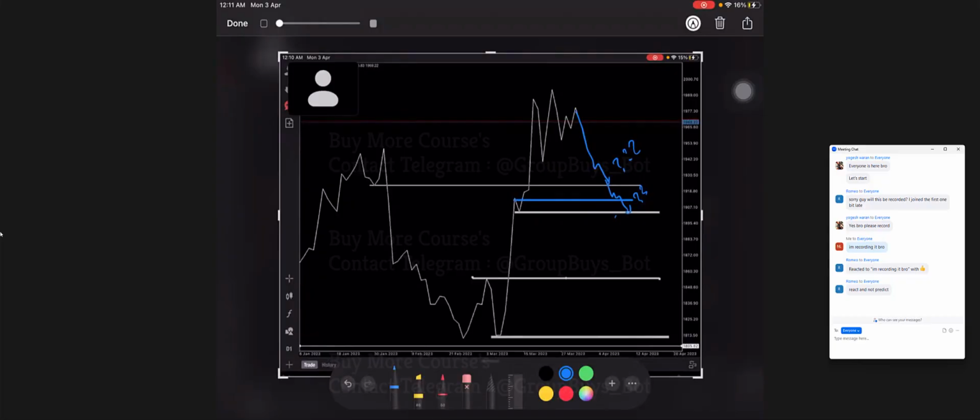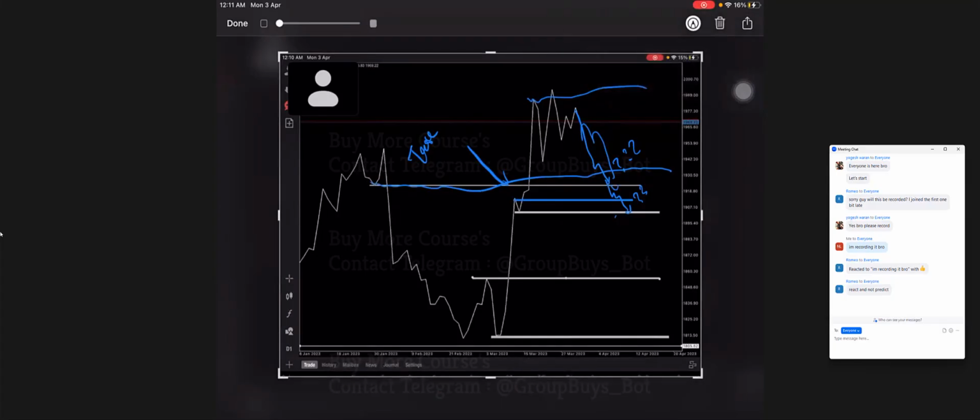Yes, sir. So this is a task for you guys. Your homework. Monitor this area. I ask you to monitor this area because the goal will go to this area. Are you guys okay with it?